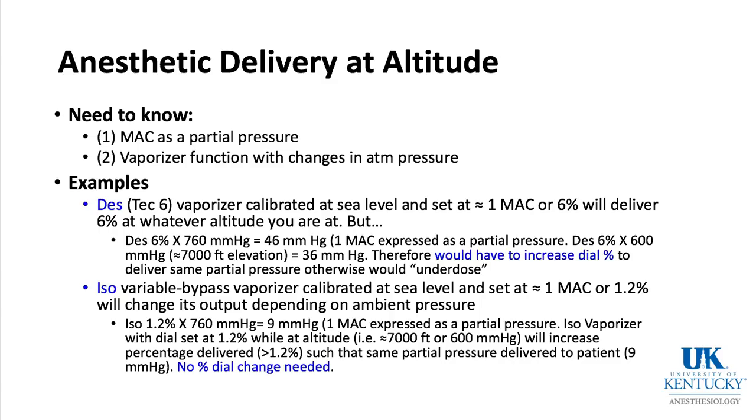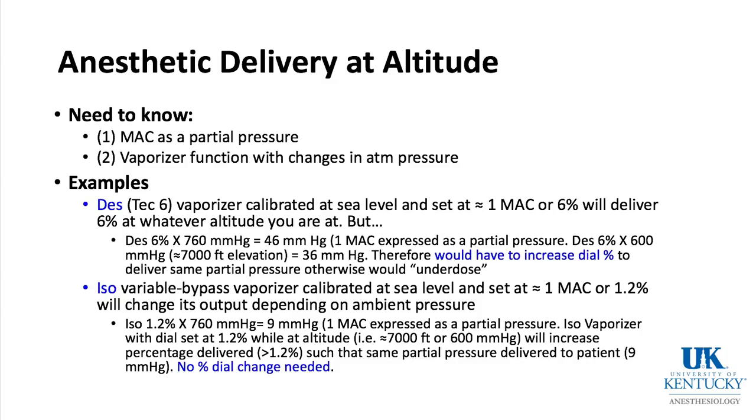We could say the MAC of desflurane is 46 millimeters of mercury most accurately. But normally we express MAC in a percentage, and we should say at atmospheric pressure and at 20 degrees when we say 6%. Desflurane 6%, if you took it up to 7,000 feet elevation, that vaporizer continues to deliver 6%, but at 7,000 feet elevation, the pressure around it is only 600, so 6% of 600 is only 36 millimeters of mercury, which is less than 46 millimeters of mercury, obviously, and you'd be underdosing the patient.